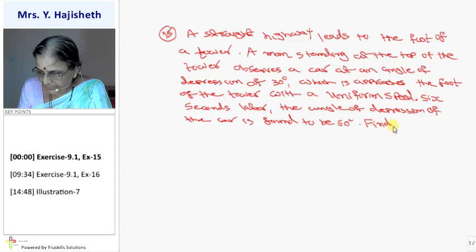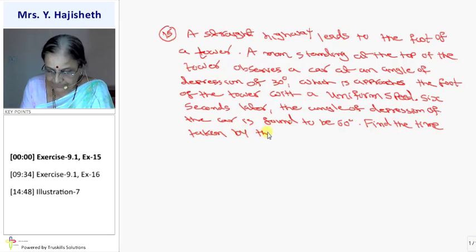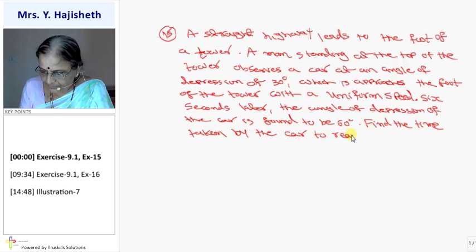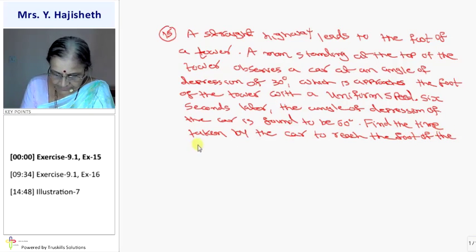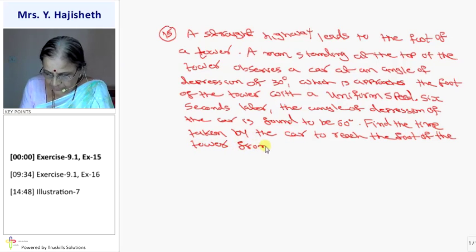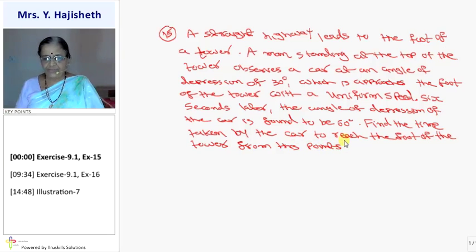Find the time taken by the car to reach the foot of the tower from this point. Okay, do you understand the questions?